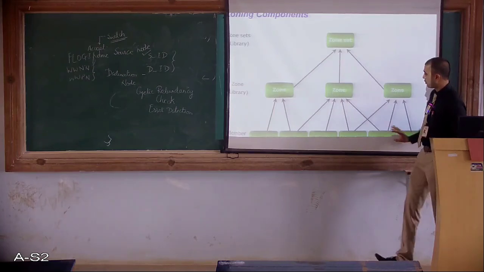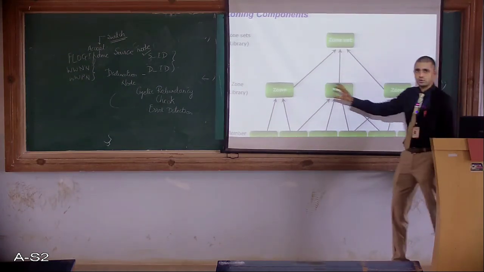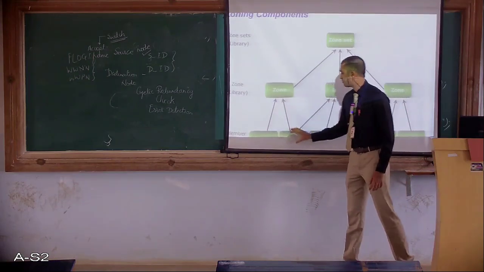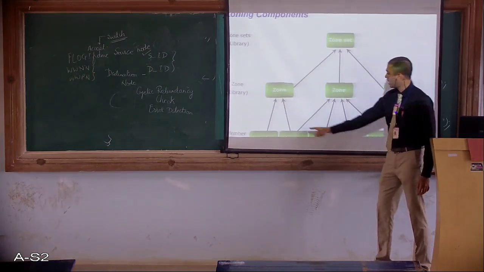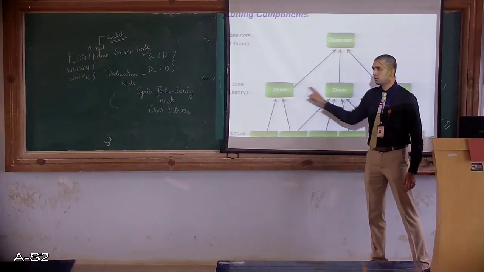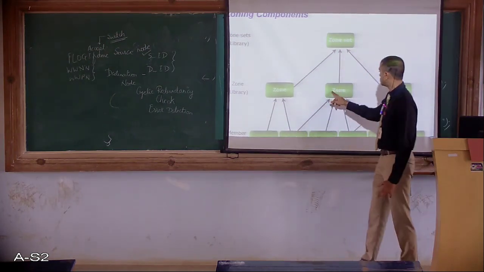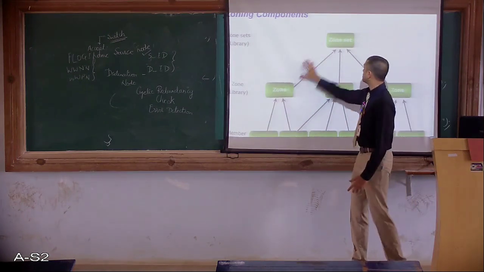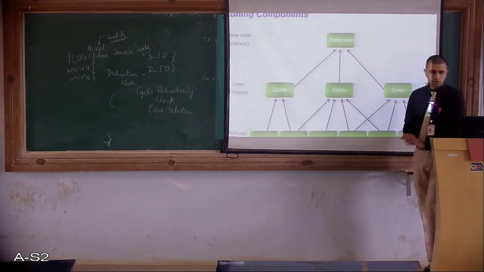So a group of all these members can be divided into a number of zones. So one zone can have multiple members, and one member can belong to more than one zone. And a group of these zones is called a zone set.